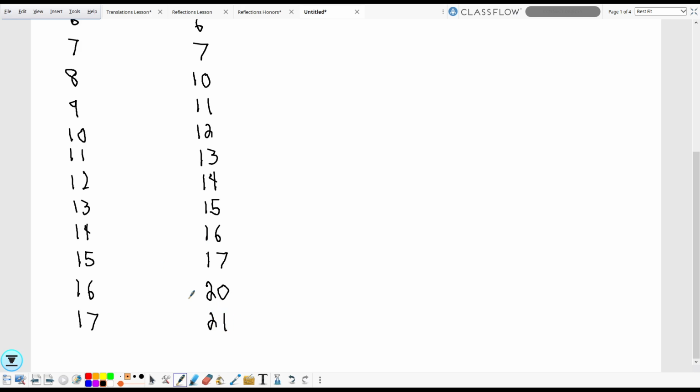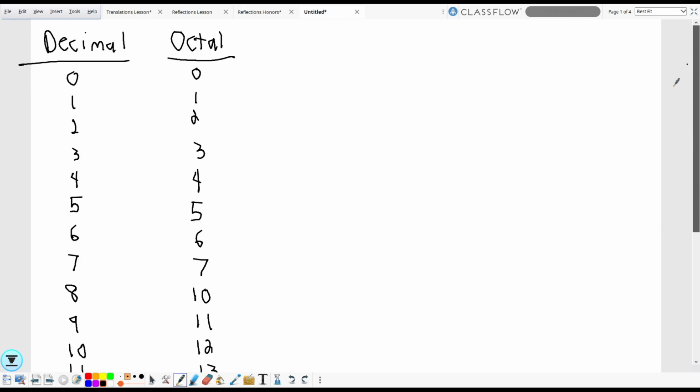Again, we skipped to 20 because in octal, there are no eights or nines. I haven't made a video on this, but binary, base 2, only has 2 digits.